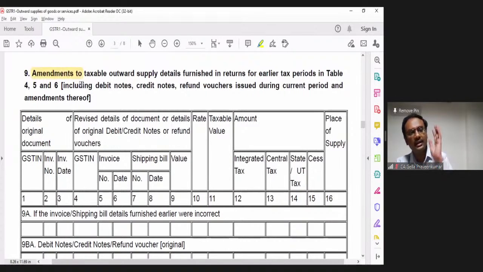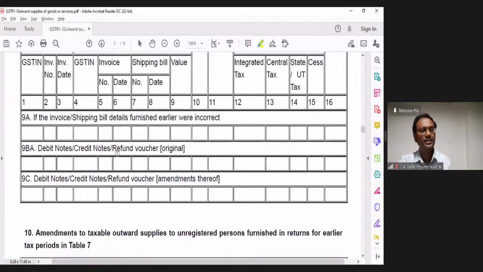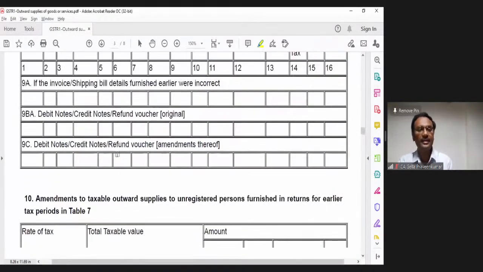This is what the law says. So if you have made any mistake, including your debit note, credit note, or refund voucher, you can do that rectification. Whatever revision you have to do, you will show the original invoice number or debit note, credit note. You increase or you decrease. You change the GST number, whatever you want, you can do those corrections in my table number 9. So this is one concept which talks about rectification of the mistakes you have made.